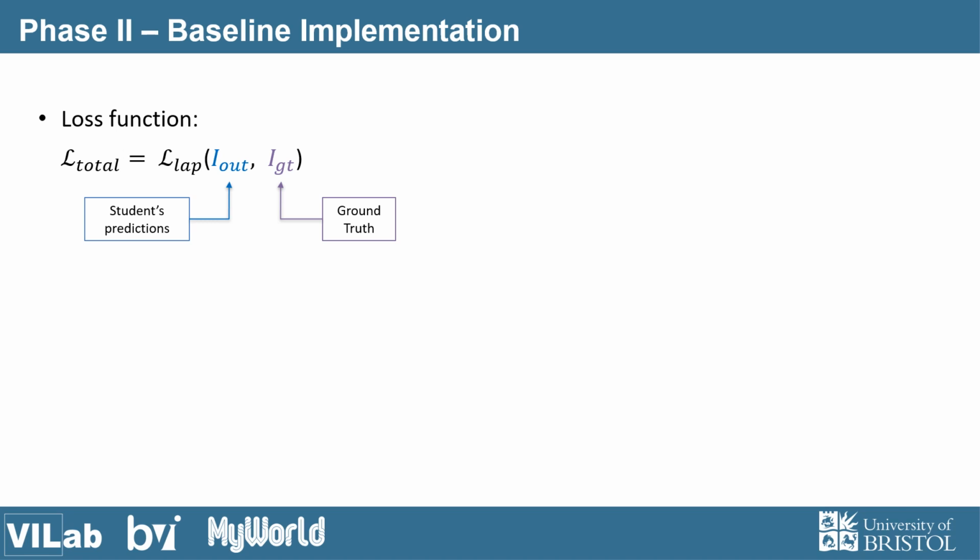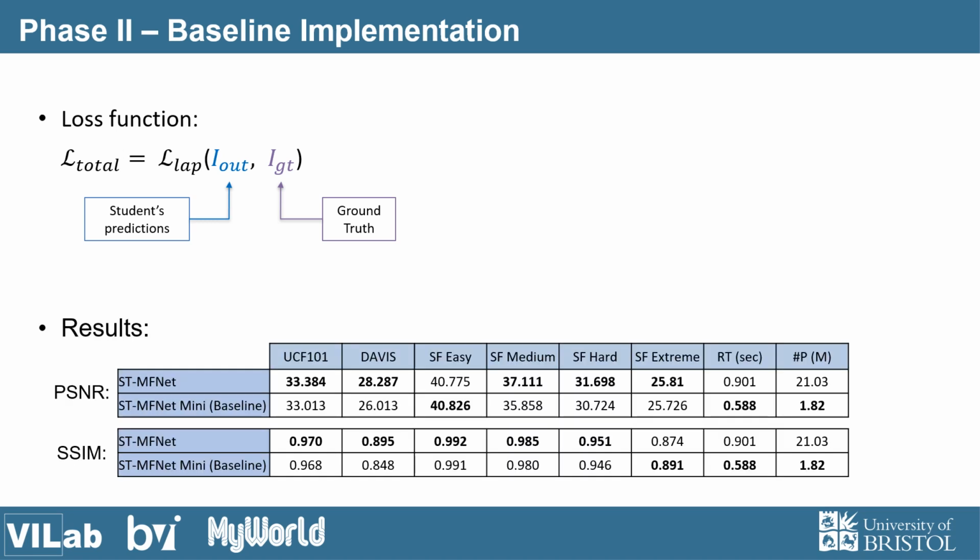We initially train a baseline student model without any knowledge distillation to determine whether or not the distillation loss actually provides a benefit. Here we use the Laplacian pyramid loss. The model performs to expectations, performing similarly to the teacher model in several test sets, and even outperforming it in others.